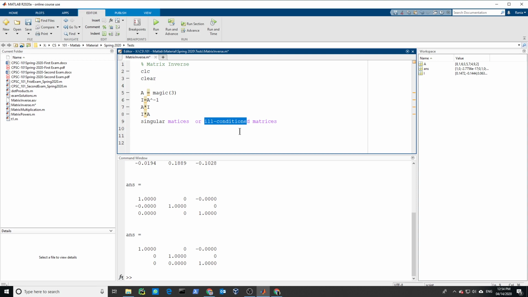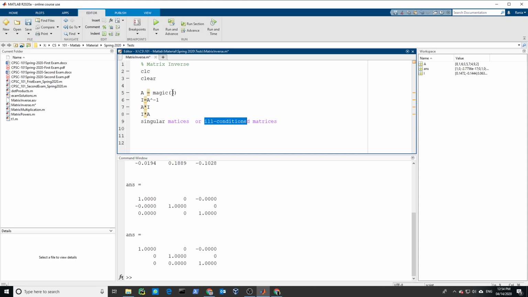So the matrix inverse is widely used in matrix algebra, although from a computational point of view, it is rarely the most efficient way to solve a problem. So it will be used a lot. Anyways, in Matlab, it's easy for us for any square matrix with one function. We could calculate the inverse.